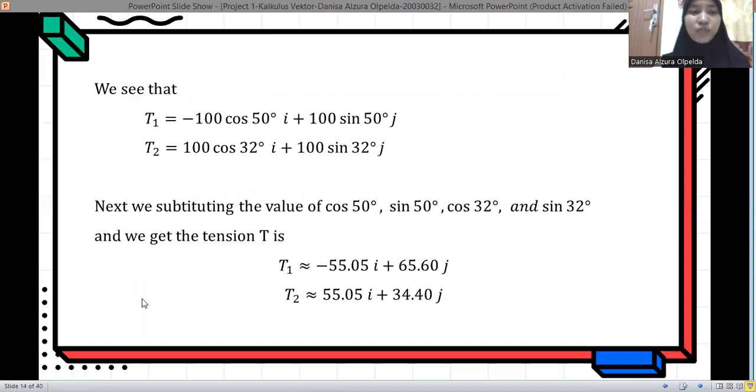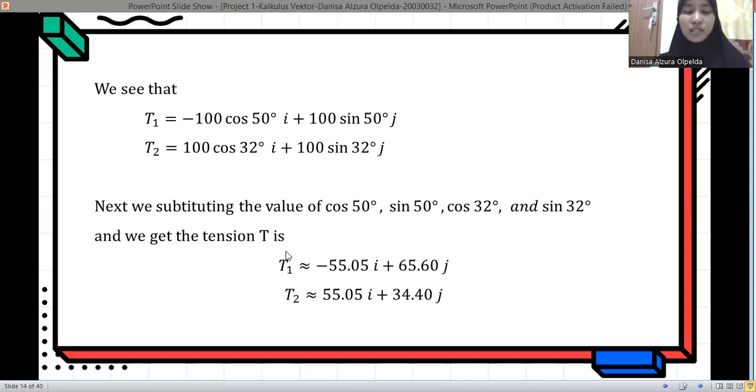We see that T1 is equal to minus 100 cos 50 i plus 100 sin 50 j, and T2 is 100 cos 32 i plus 100 sin 32 j. Next, we substitute the values of cos 50, sin 50, cos 32, and sin 32.